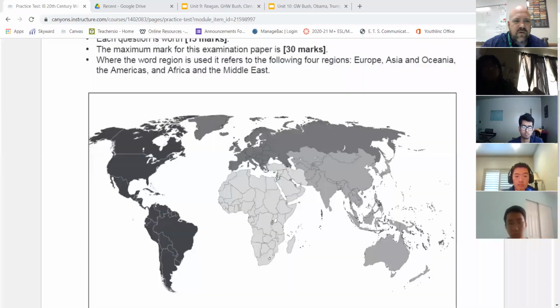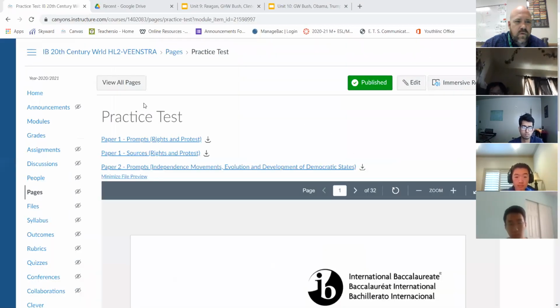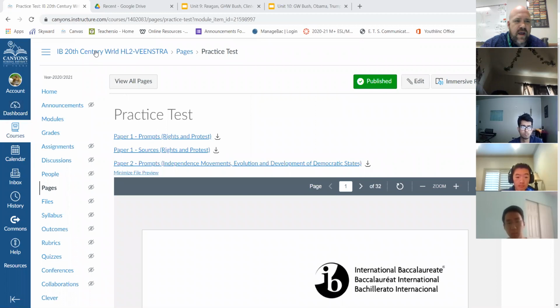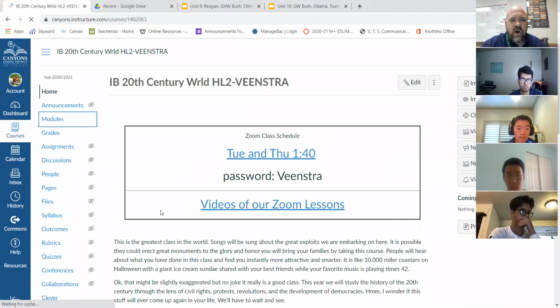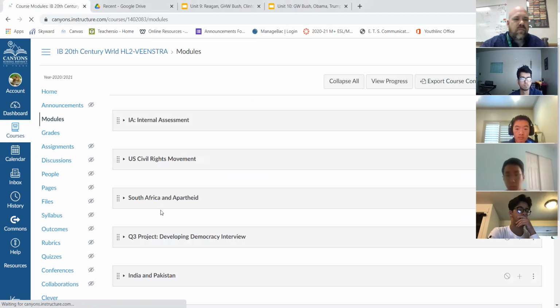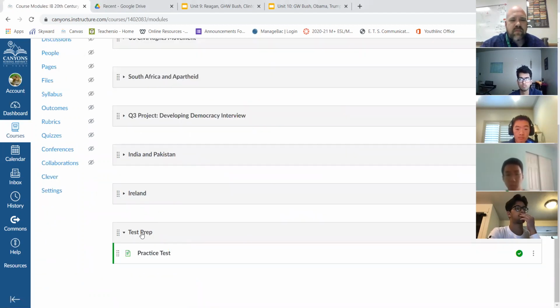So I'm going to share my screen, but this is all available for you on Canvas as well. If you look in the modules on Canvas now, there's a review module, a test prep module.